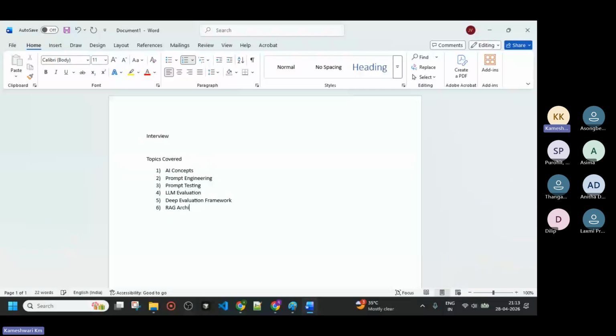The next one is RAG testing using Ragas, which is a framework. Later, chatbot testing using Playwright with TypeScript using AI. So these are the topics we have covered in total.